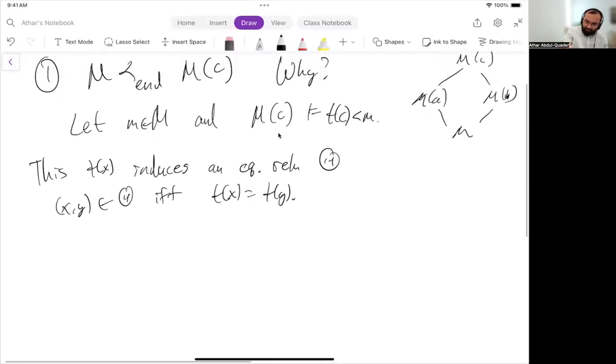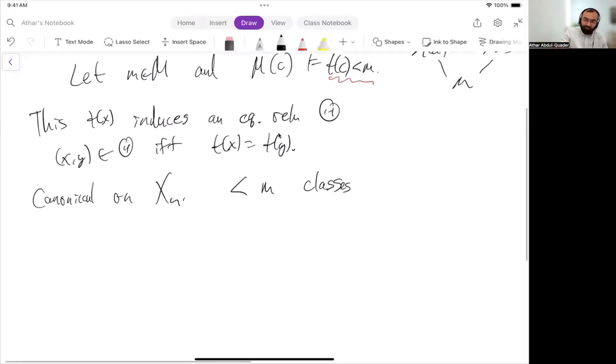Moreover, this equivalence relation theta we can assume to be canonical on some xn, and it has at most m many classes.